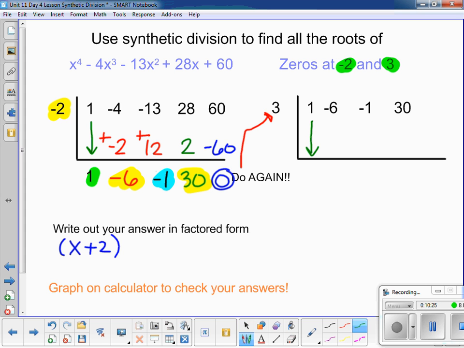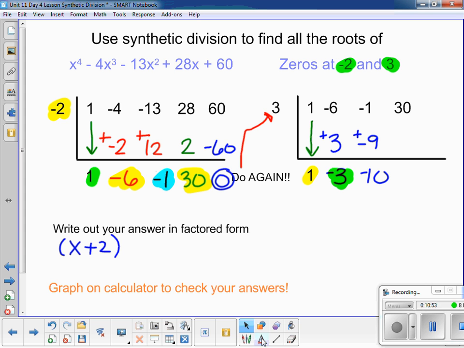Always bring the first number down, gives me 1, and then start your multiplication. 3 times 1 is 3. Negative 6 plus 3, remember you're always adding, is negative 3. And it's 3 times negative 3, which is negative 9. Add down, which is negative 10.